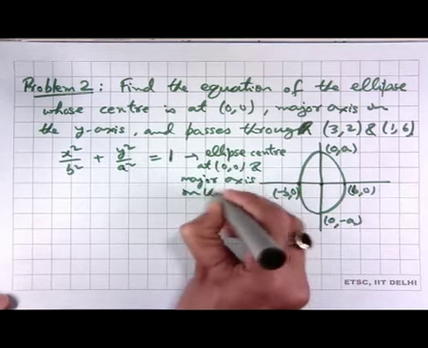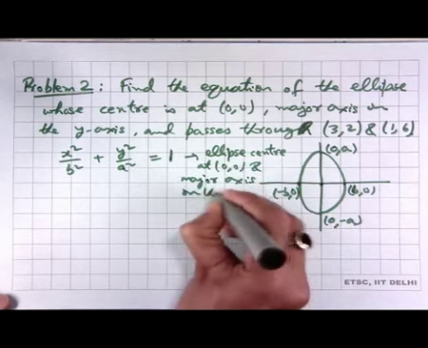Since it passes through points (3, 2) and (1, 6), using (3, 2) we get 9/b² + 4/a² = 1, this is equation 1, and it passes through the point (1, 6).